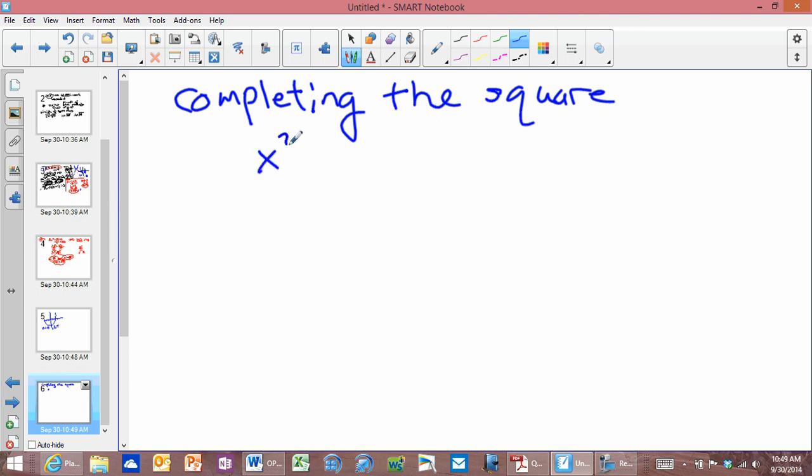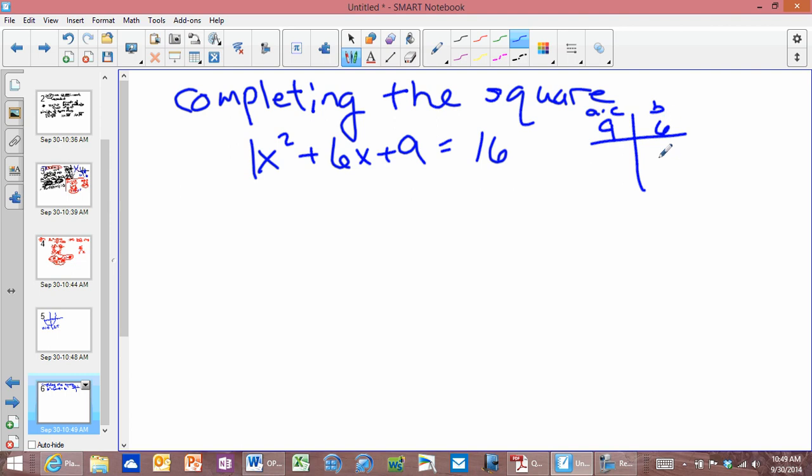So if I have x squared plus 6x plus 9 equals 16. So this is a really nice example that I'm giving you guys. What does this factor down into? So when I do my factors, remember I have to do a times c. A times c, that's 1 times 9. That's just 9. My b term is 6.